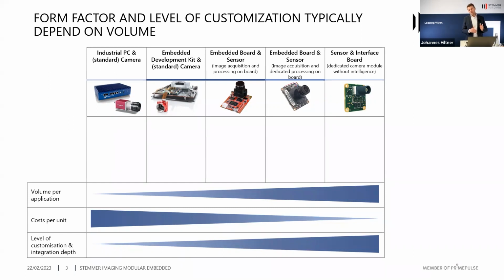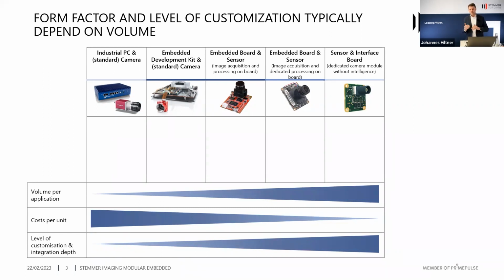But then we can get really deep into embedded with embedded boards, which come with a sensor attached to it, for example, or the more we move to the right, we see highly optimized embedded sensor boards. And one example for that could be the Firefly, which Salem just presented from FLIR, for example, which is a highly dedicated machine vision smart camera, highly optimized for one specific algorithm or one specific task.